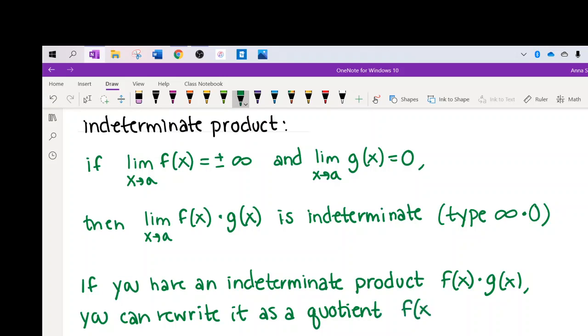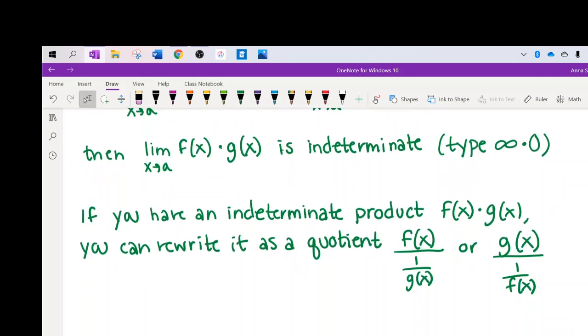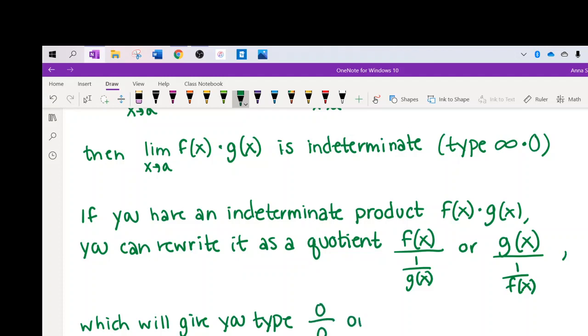You can either write it as f of x over 1 over g of x, or g of x over 1 over f of x. And we'll see an example of this in a second. If you do that, it will give you either infinity over infinity or 0 over 0, depending on what your functions are and which of these two things you're doing. So that will give you indeterminate type 0 over 0 or infinity over infinity, so you can use L'Hopital's rule.